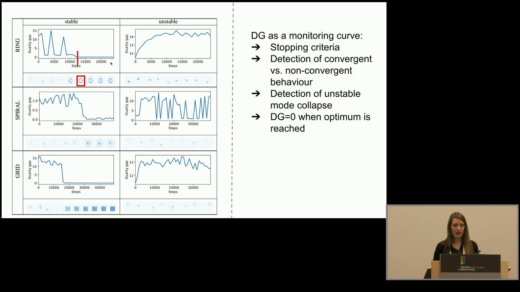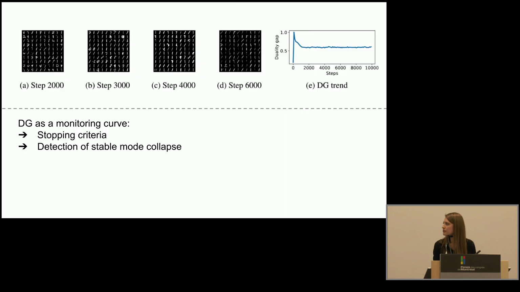On the right-hand side, we have unstable GANs, and we tweaked the learning rates in order to make the GAN exhibit non-convergent behavior, just keep generating different modes and never converge to a particular point. This is also reflected by the duality gap trend. As we can see, it goes up, it oscillates, and the value of the duality gap is actually pretty high. In this case, it's 14.